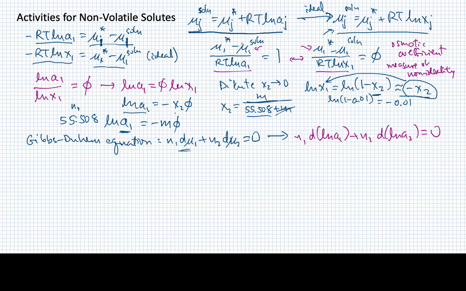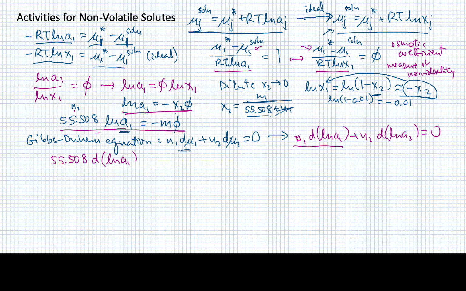So this is just an alternative form of the Gibbs-Duhem equation, but written in terms of activities. And we already have a good handle on where we're going to go with that, because we have this relationship here and actually this relationship here. Now notice that we already have N1 times log of A1, so this thing here is going to turn into 55.508 times the differential of log of A1.